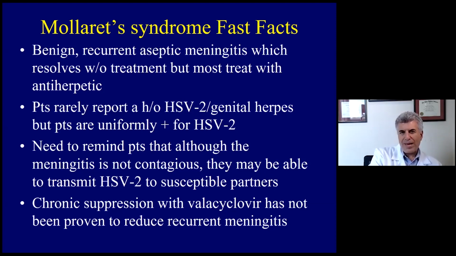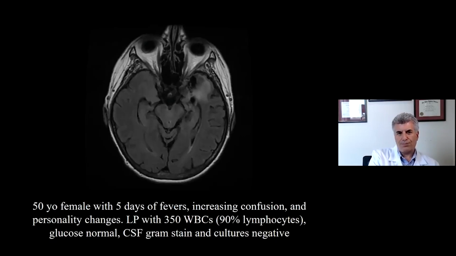And in fact, the patients that were in the valacyclovir arm of that trial and stopped it in year 2, they actually had a rebound and an increased number of episodes of meningitis. So while we may need to treat patients or place them on suppressive therapy to decrease transmission to others, the valacyclovir has not been shown to decrease recurrent meningitis.